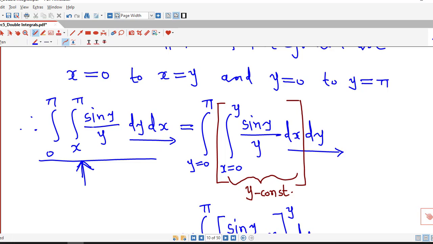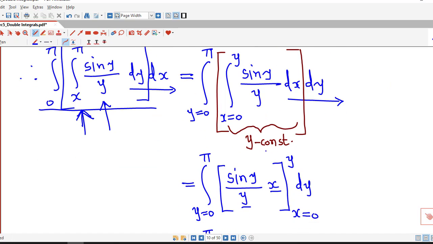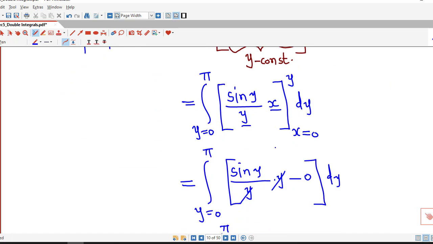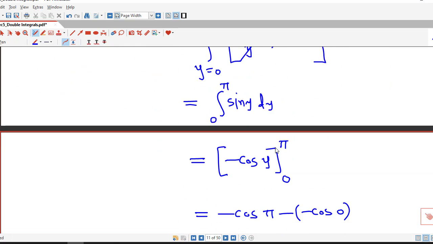We can observe that if we integrate this with respect to y first, then it is not possible to find the integral of sin y over y with respect to y easily. We don't have any standard integration formula for this type of integral. So what we have done is we have changed the order of integration, and we are able to find the value of the double integral easily.